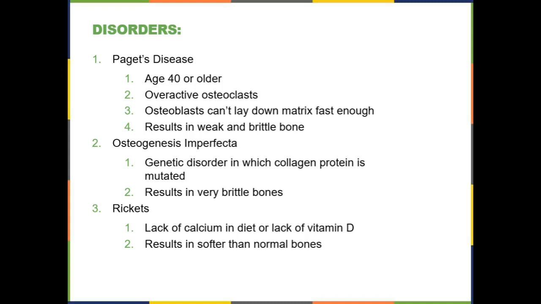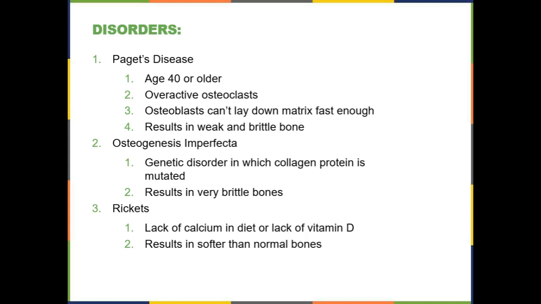Osteogenesis imperfecta and rickets typically are seen in children. With osteogenesis imperfecta, this is a genetic disorder in which the gene for collagen is mutated. There are multiple types of osteogenesis imperfecta, so it can range from mild to very severe.